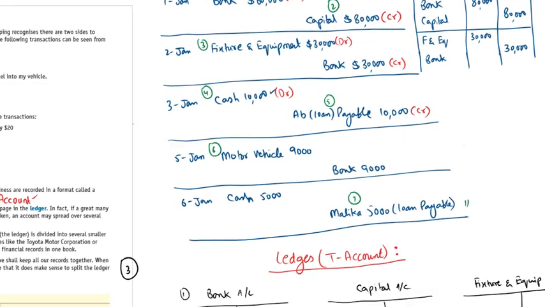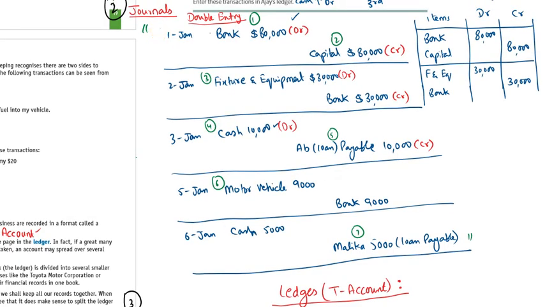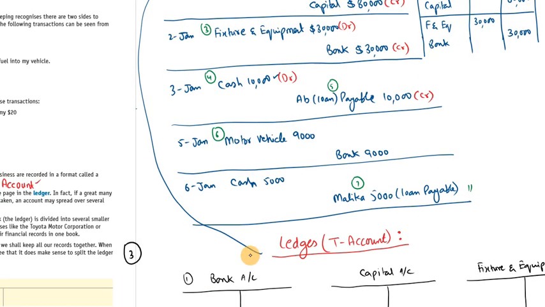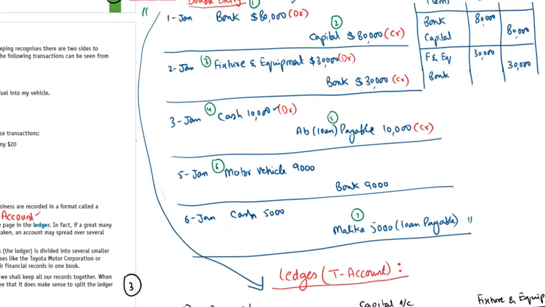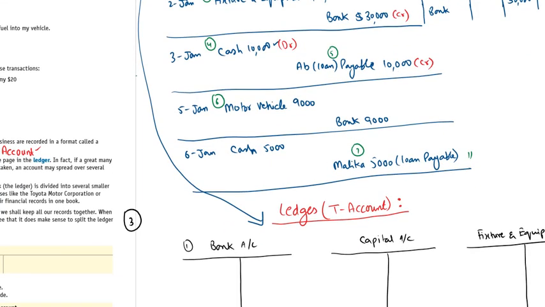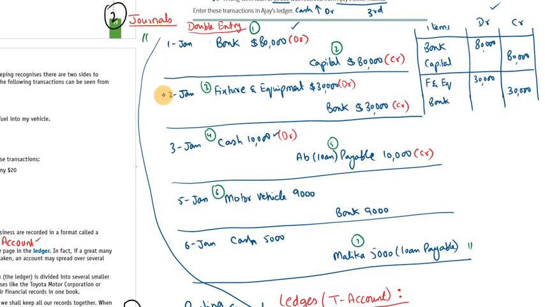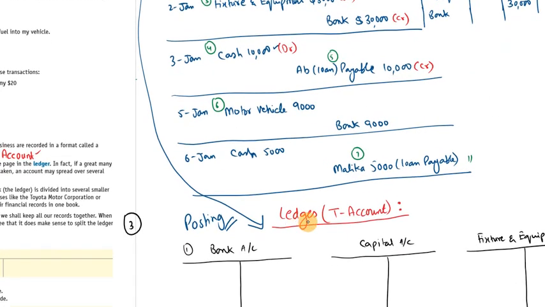Writing business transactions, writing information from journal to ledgers, that is called posting. Recording information from journals into ledger is called posting. So we will post information taken from journal and post it into the ledger T account.